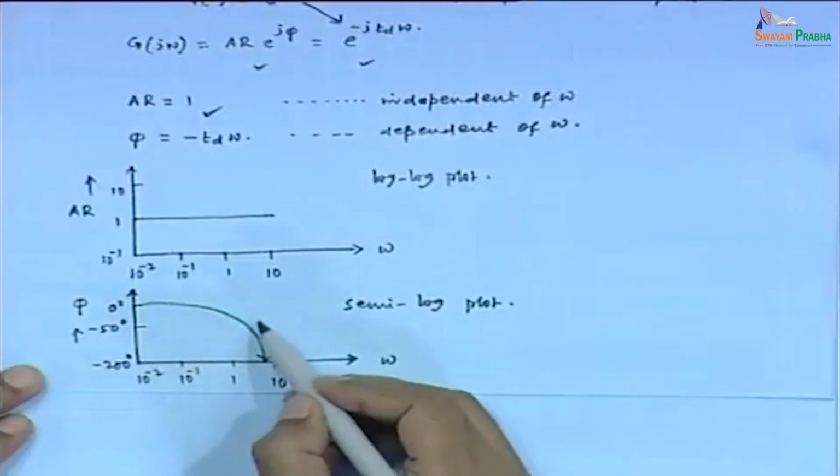To know the nature of this plot, we need to produce some intermediate data varying the omega value. Ultimately, we get this type of response for phi.